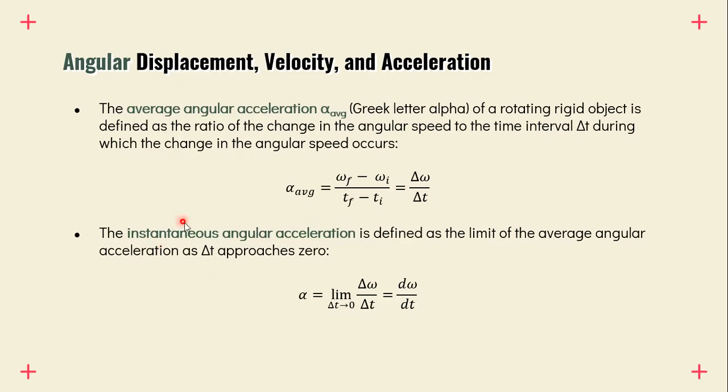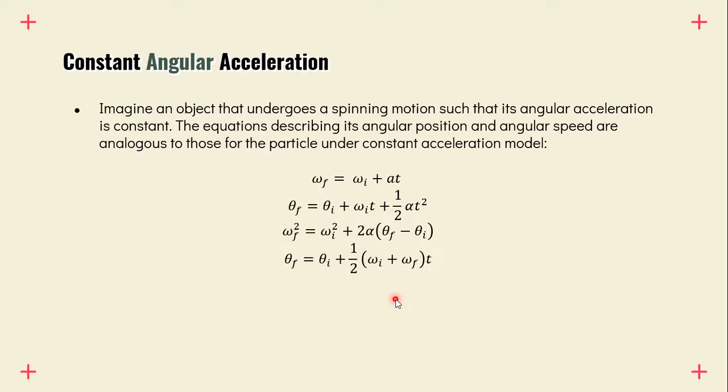The instantaneous angular acceleration is defined as the limit of the average angular acceleration as delta t approaches 0. So it is equal to the limit of delta omega over delta t as delta t approaches 0, or the derivative of angular speed with respect to time.